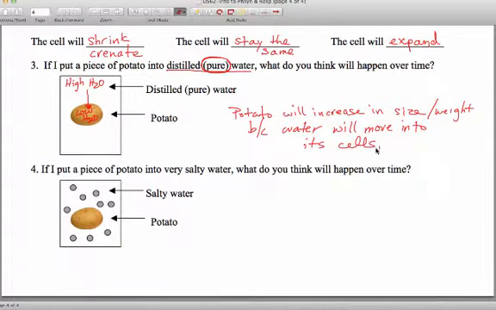All right, let's look at our last one. It says, if I put a piece of potato into very salty water, what do you think will happen over time? Again, we're going to apply the same concept.